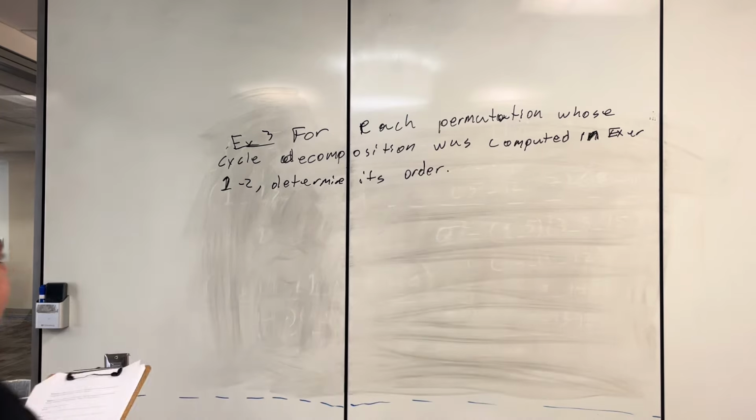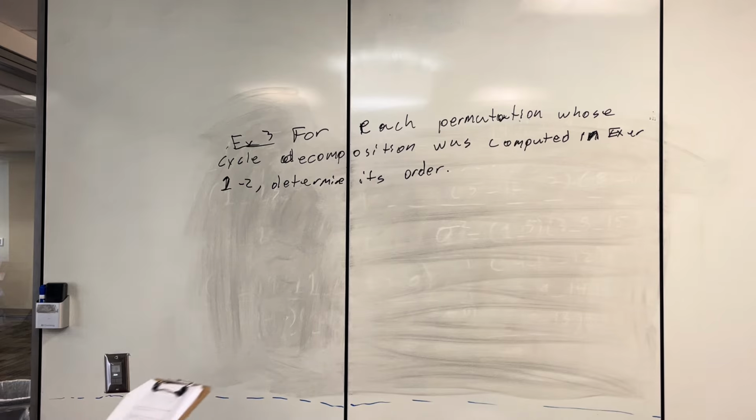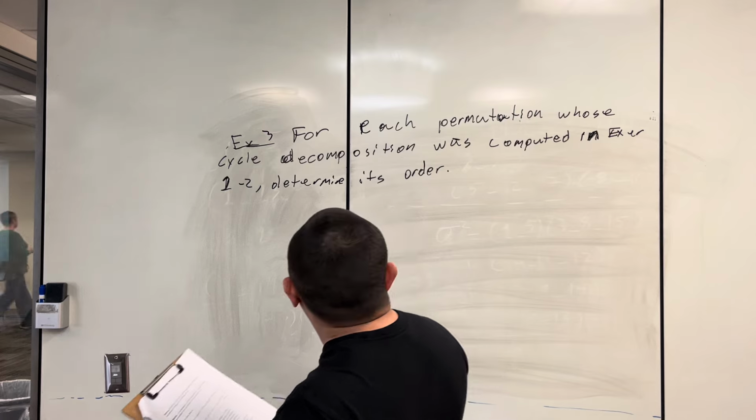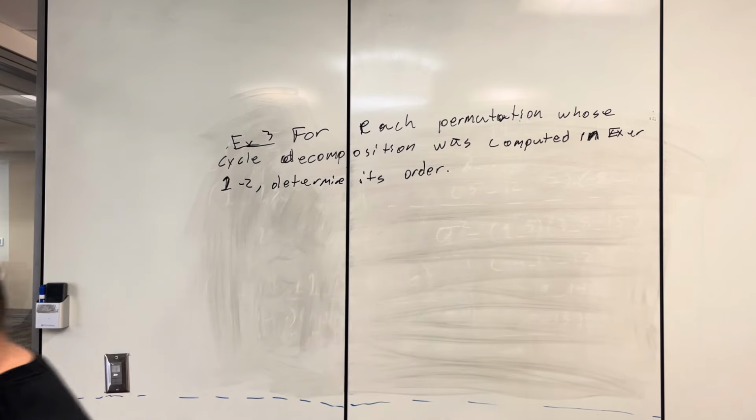For each permutation whose cycle decomposition was computed in exercises 1 and 2, we want to determine its order, right?